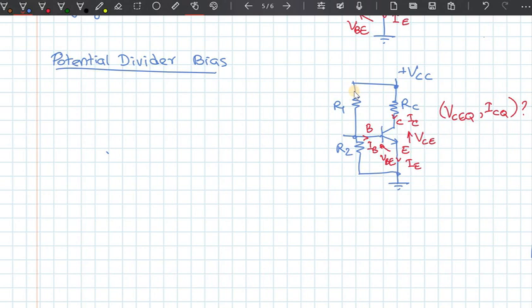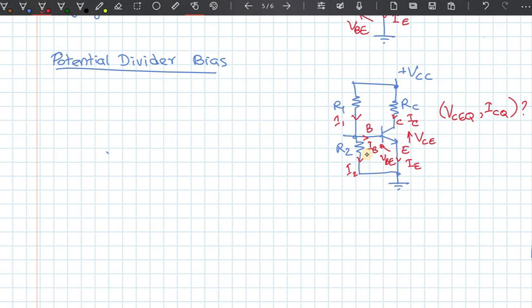Typically we want these to be rather high, so that the quiescent current through R1 and R2 is small. So in such situations, IB may be in the same range as the currents through R1 and R2. So this may be I1 and this may be I2. They may not be the same in general. So how do you tackle that?